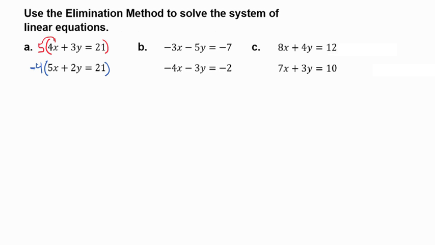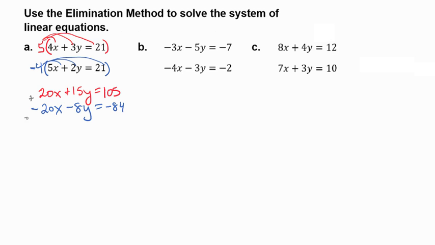So I'm going to distribute my 5, and that's going to give me a 20x plus 15y equals 105. Then I'm going to distribute my negative 4 again to all three parts to get negative 20x minus 8y equals negative 84. Now I can add those together.